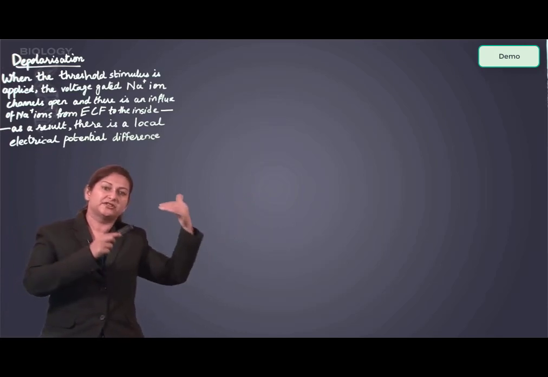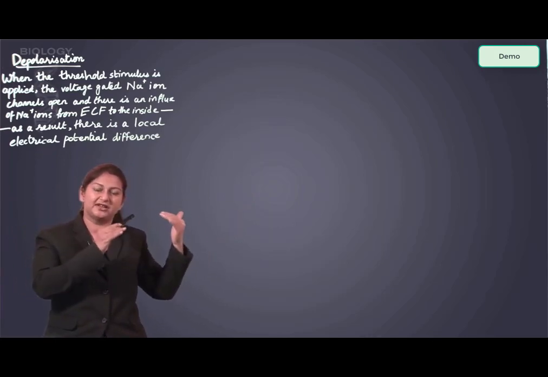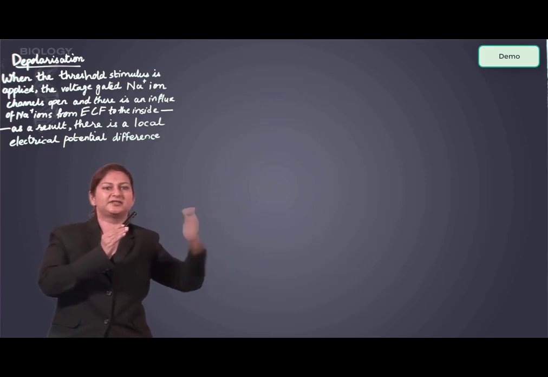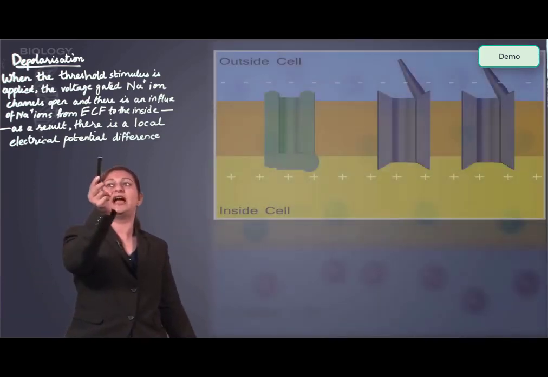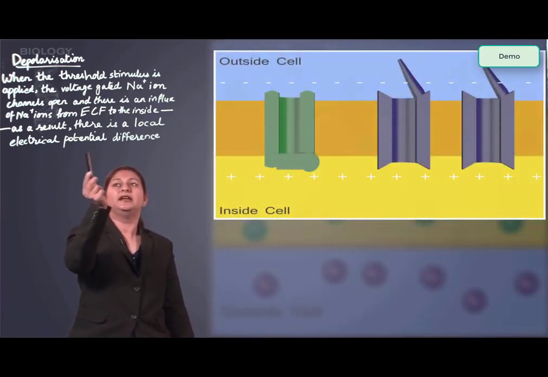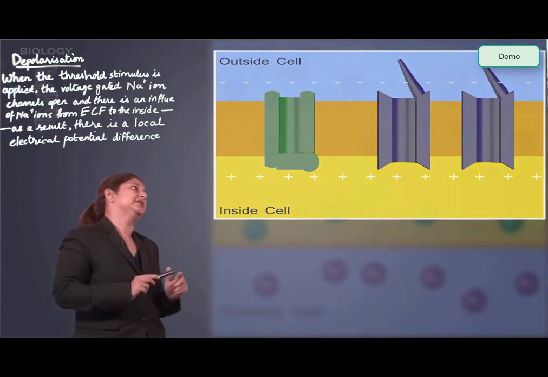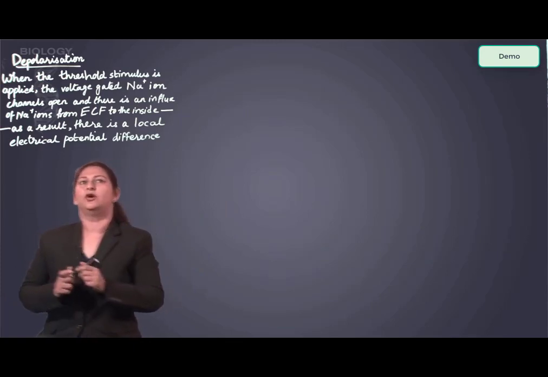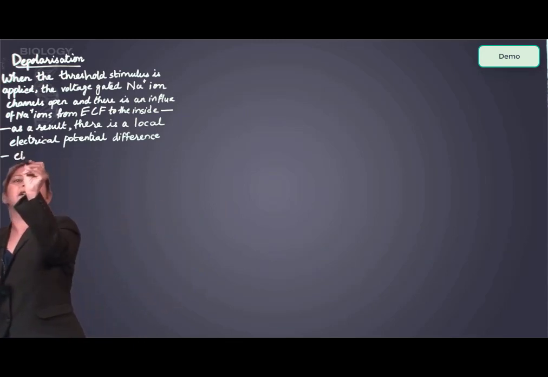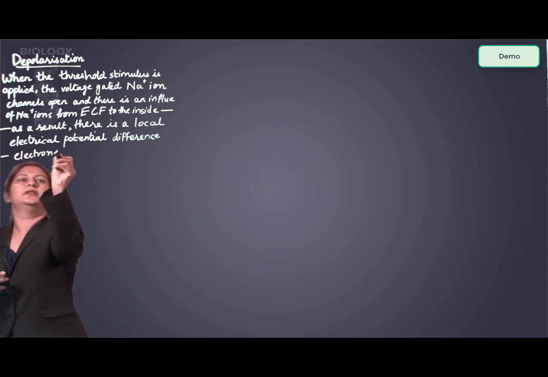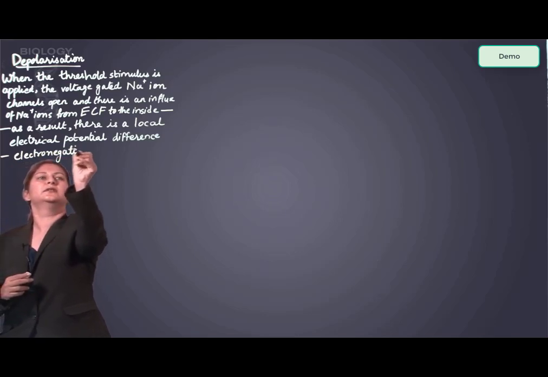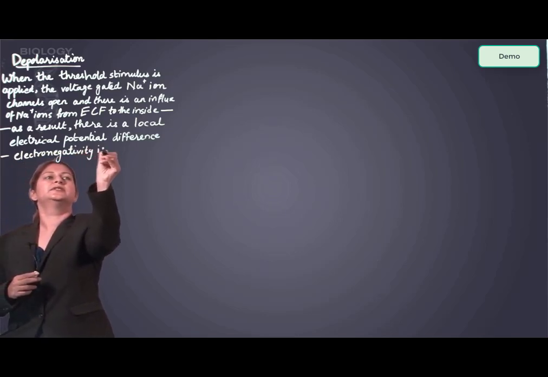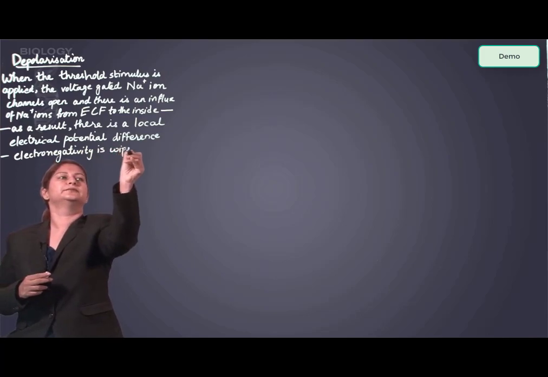The positive charge inside keeps occurring faster throughout the membrane, so that brings about the local electrical potential difference, and the negativity, the electronegativity, is wiped off.